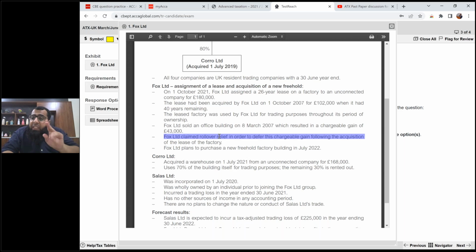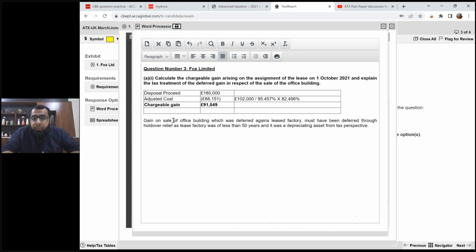But we differentiate between rollover and holdover. Gain on sale of office building, which was deferred against leased factory, must have been deferred through holdover relief as the leased factory was of less than 50 years and it was a depreciating asset from a tax perspective.